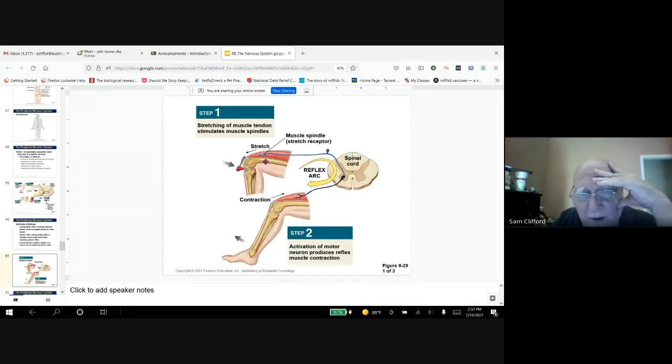So when you have this hammer and you have the stretching of this muscle here, that change in the length of the muscle is going to send information into the spinal cord, and that's going to lead to this input stage, to an integration stage, and the ability to have a reflex.